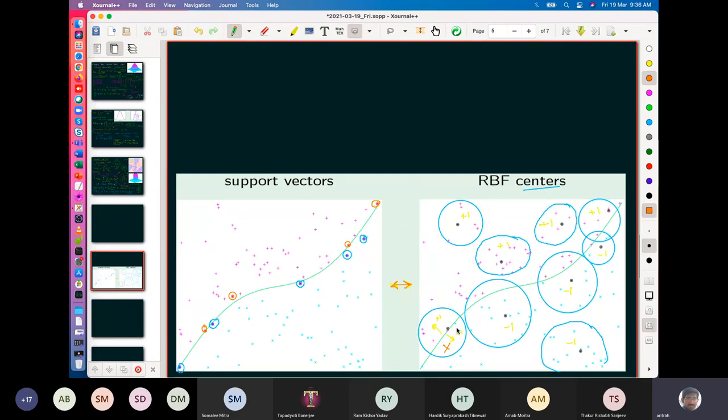There will be some centers around which the points may behave as if the level is given, either +1 or -1. But if I have a wider margin in terms of support vectors, suppose my points are here.